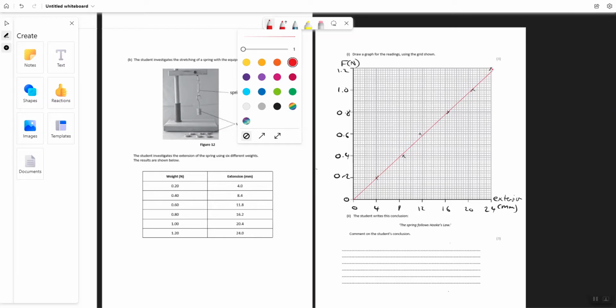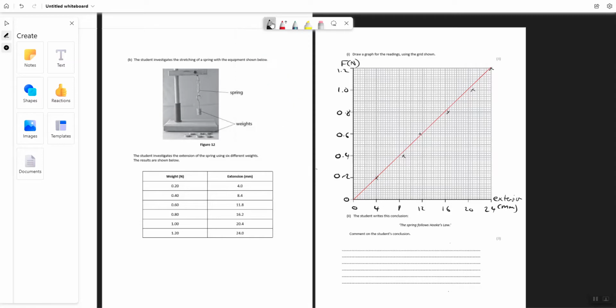It doesn't go through all the points. That's not a problem, it doesn't have to be dot to dot. You get the scatter because they're real pieces of data, and sometimes you don't measure things entirely accurately.